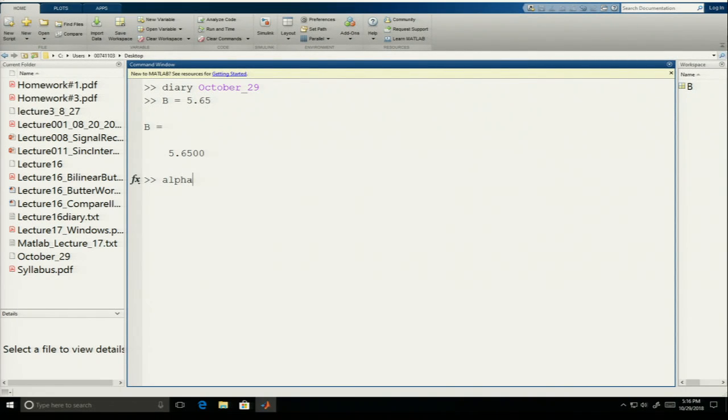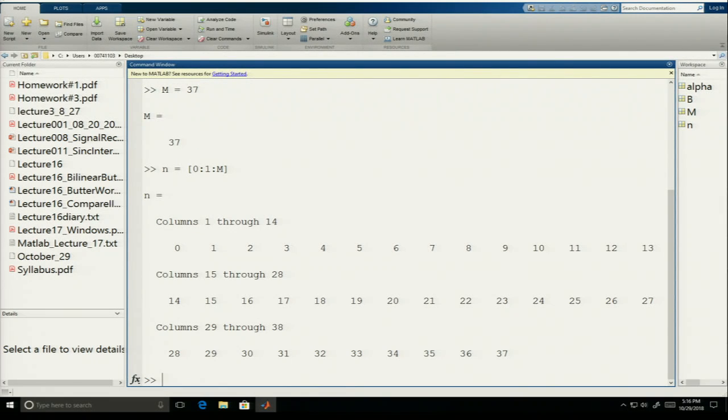Alpha was 18.5. N was 0, 1 to m. So let's say m equals 37, right? And then little n is 0, 1 to m. So we've got that.